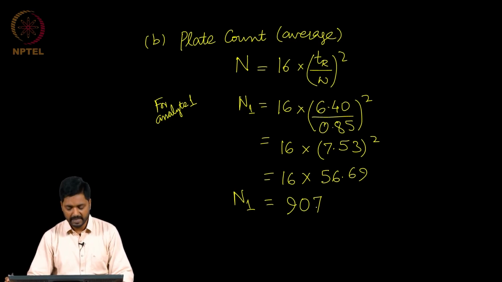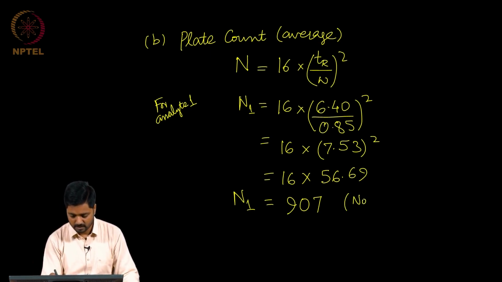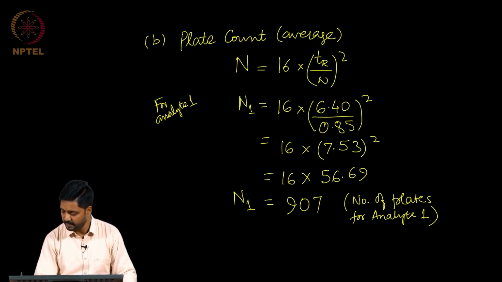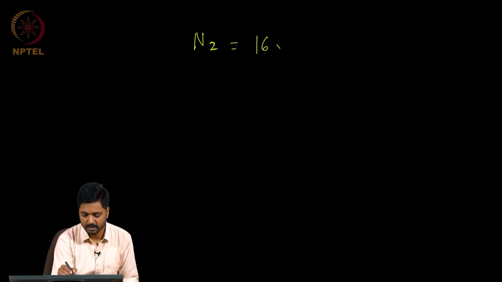Let us also calculate the N2 value, which is the number of plates for analyte 2. N1 is the number of plates for analyte 1, and on the next page we will calculate the N2 value, which will be 16 times (TR2 divided by W2) whole squared.